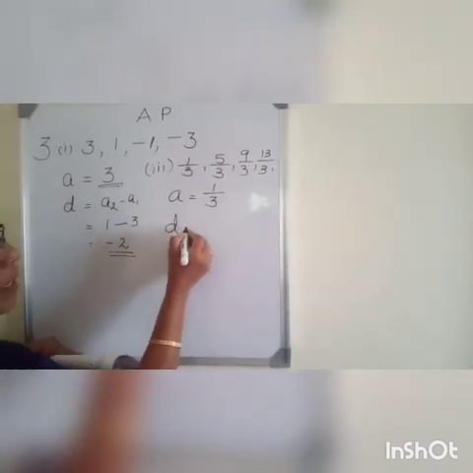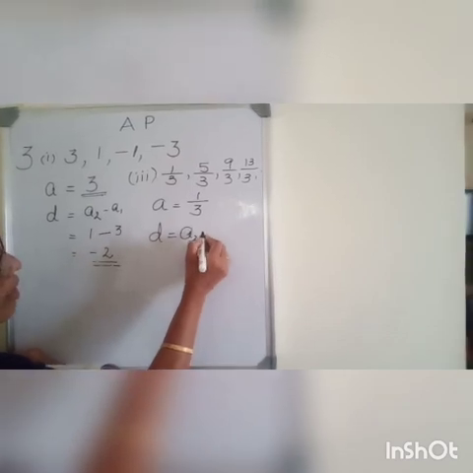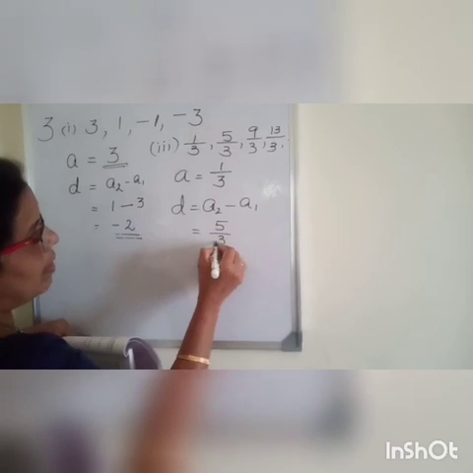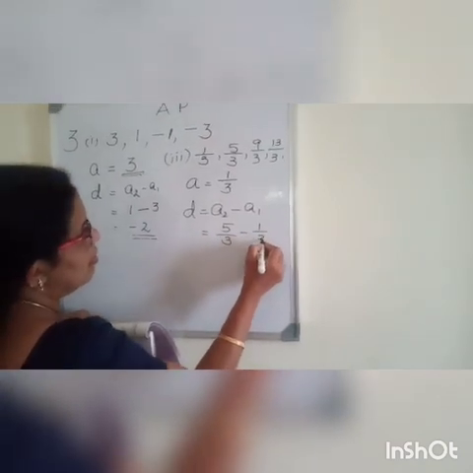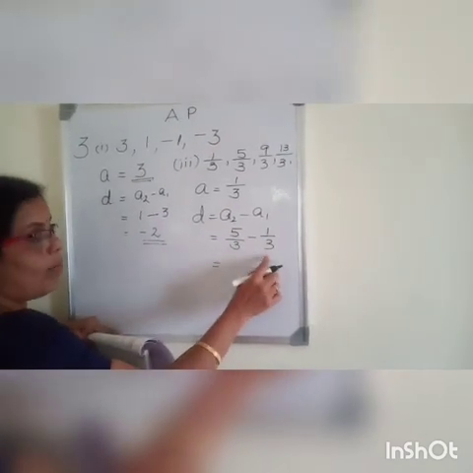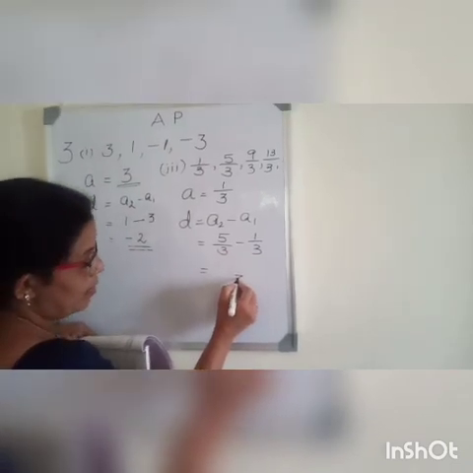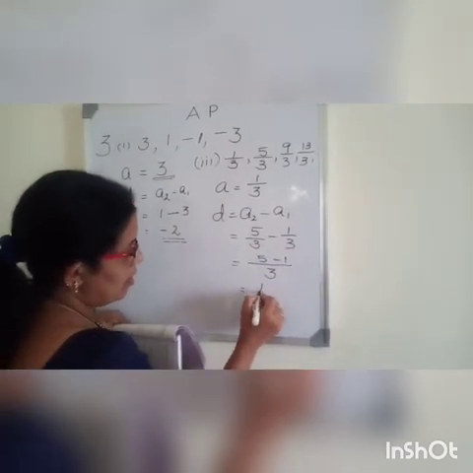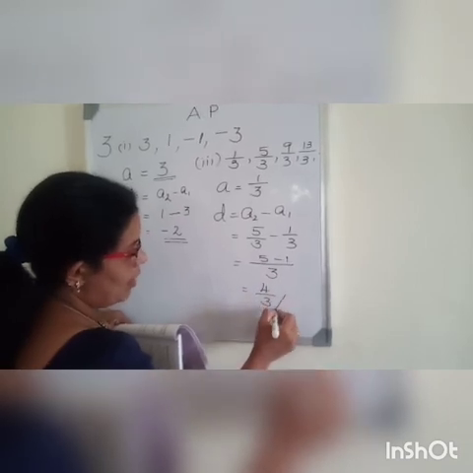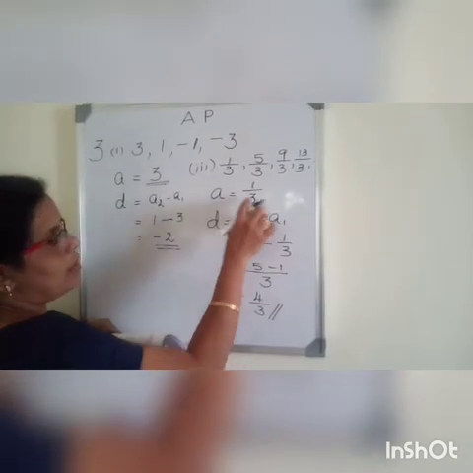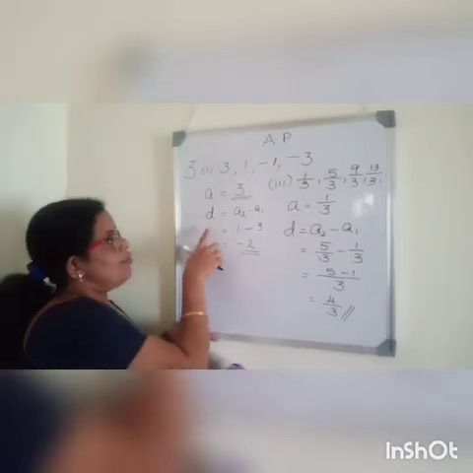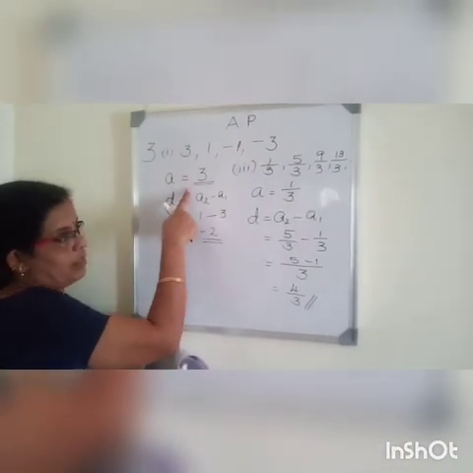Again D equals A2 minus A1, 5 by 3 minus 1 by 3 equals, as the denominator is common, 3, we will write 5 minus 1. So it is 4 by 3. Common difference is 4 by 3 and the first term is 1 by 3. So if an AP is given, this is how to find out the common difference and write the first term.